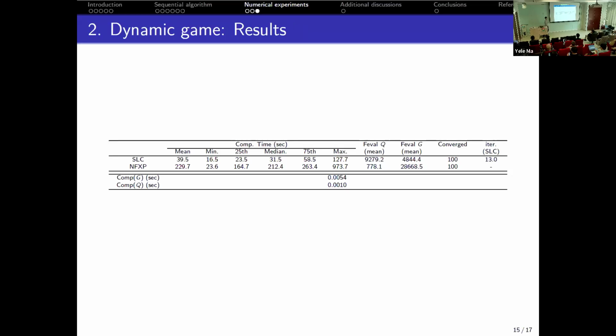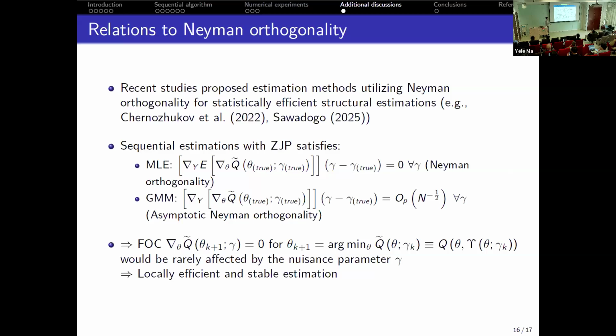And the next table shows the case of the dynamic game, and we can see a similar result. And finally, sequential algorithms with GJP are closely related to Neyman orthogonality. Recent studies have proposed estimation methods utilizing Neyman orthogonality for statistically efficient structural estimation.